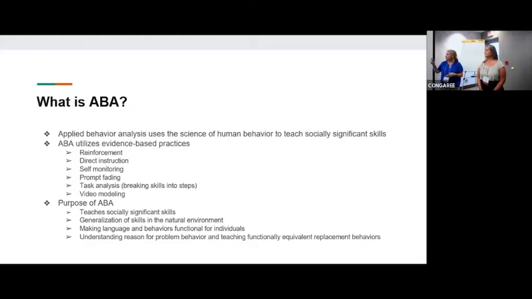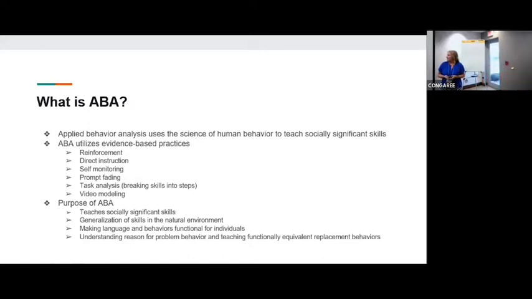And we use evidence-based strategies. These are some of the strategies that we use, and you all have probably used them and didn't even realize that it was applied behavior analysis. So these are all things though that aren't just used with children with autism. I'm sure you can see, reinforcement, prompting. You probably use those with your kids at home or your spouses at home. We use these things all the time.